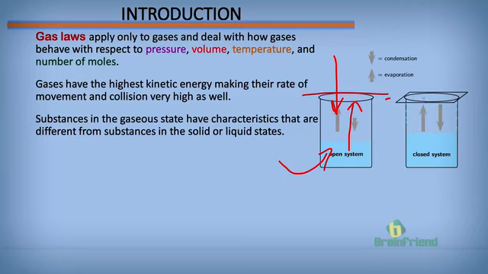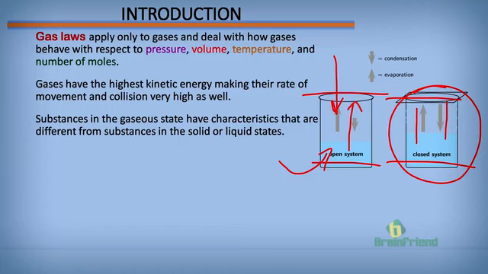But a closed system, as you can see here, the one that has a lid on it, you can see that even when there is evaporation and condensation, it's going to happen within this system. So this is the difference between an open system and a closed system. And in this lesson, we are talking about how gases behave in a closed system.